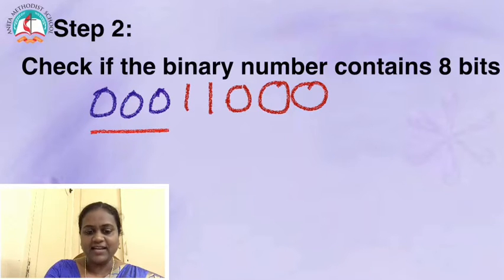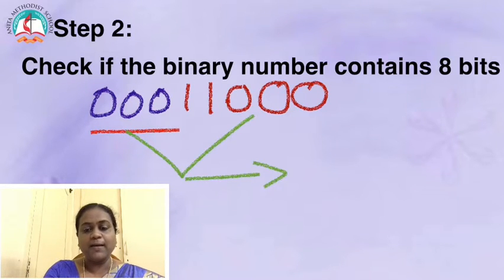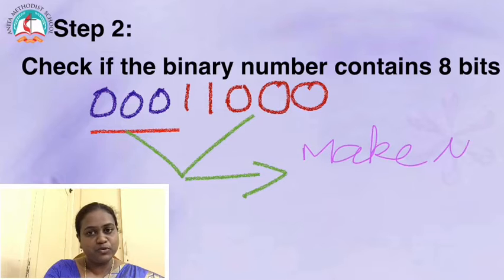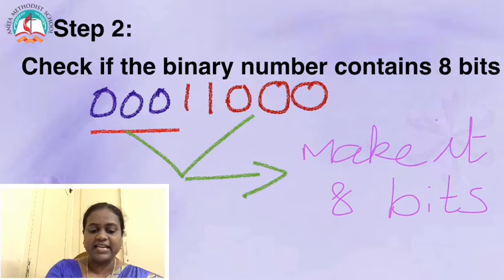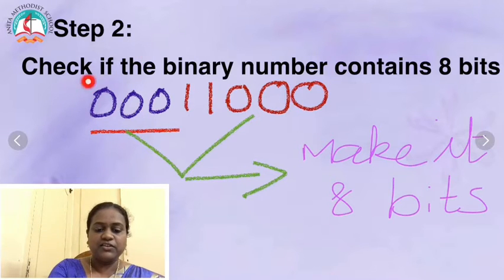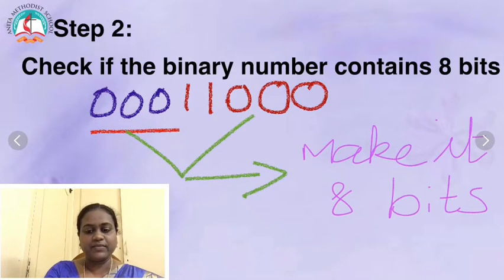I should add 0 before the number. Okay, since my binary conversion is not 8 bit, I've added 3 zeros before the most significant bit so that it becomes 8 bits.